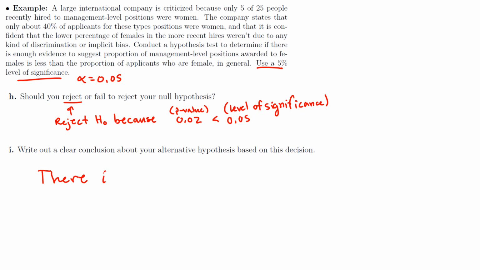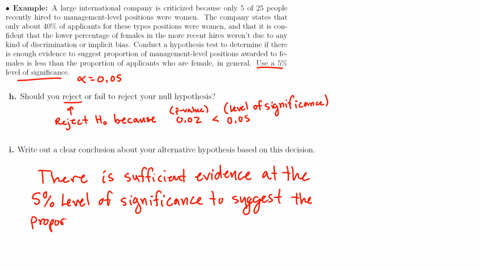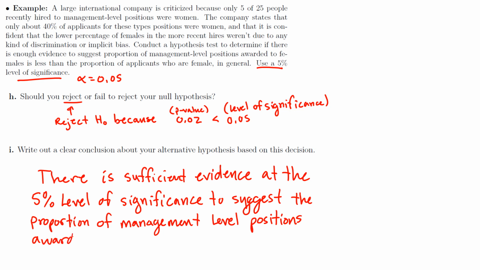Well, when you reject the null, that means there is sufficient evidence at the 5% level of significance to suggest, and then we can just go back to what we said in our alternative hypothesis, that the proportion of management level positions awarded to women is less than 40%.